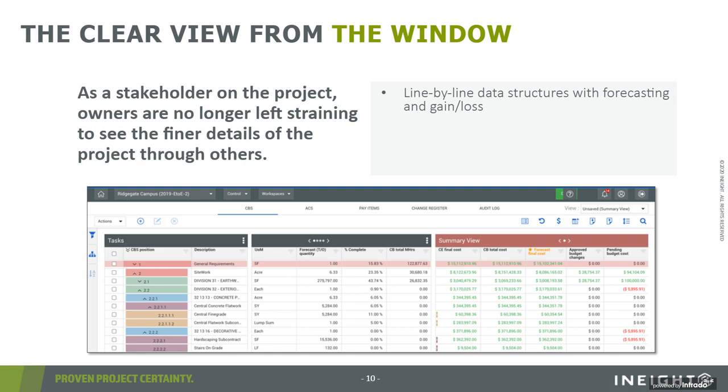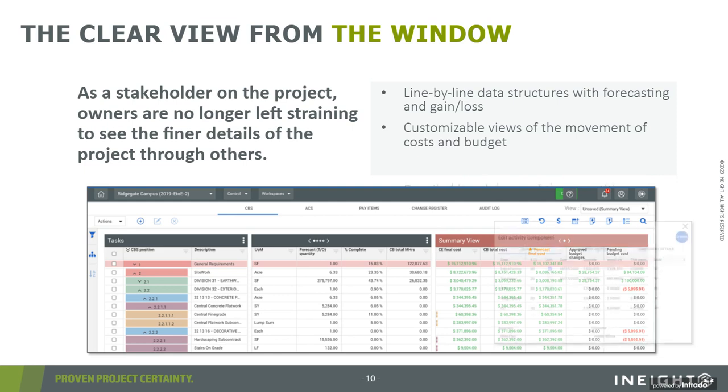And for some of you, that could be rolled up at a very high level. For others of you, maybe you're very detail-focused. But that line-by-line data structure has customizable views of the movement of cost and budget based on your requirements.